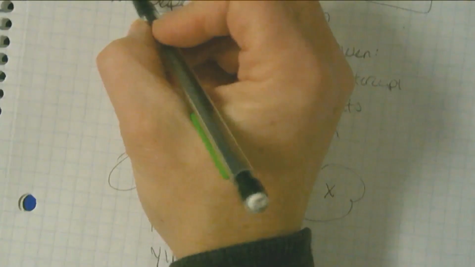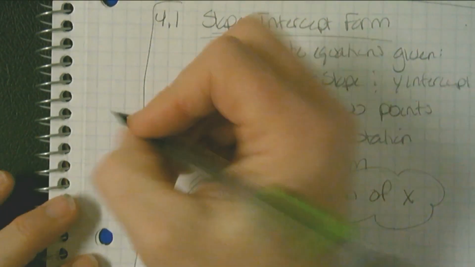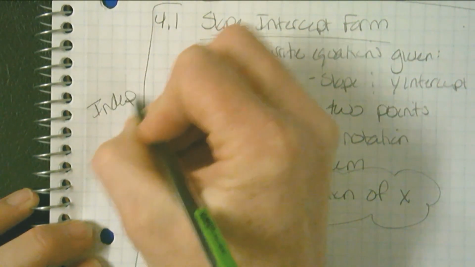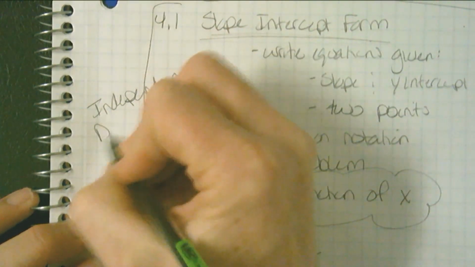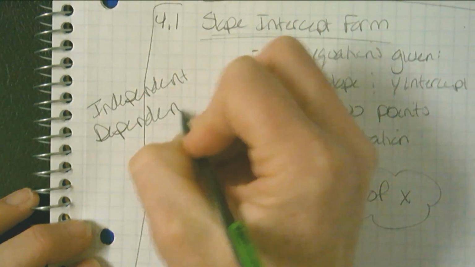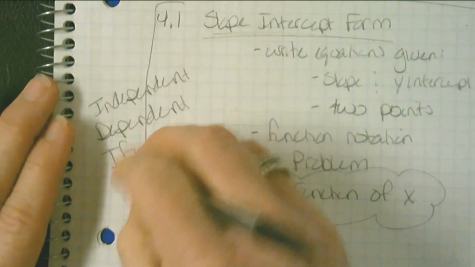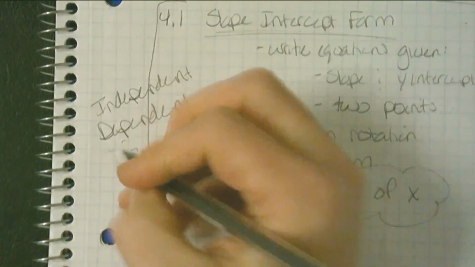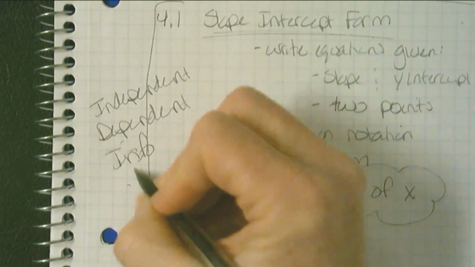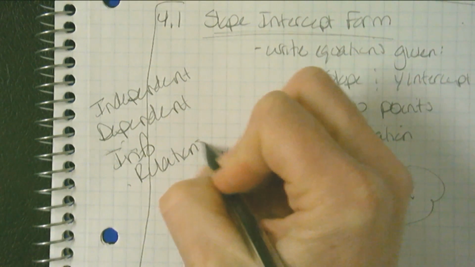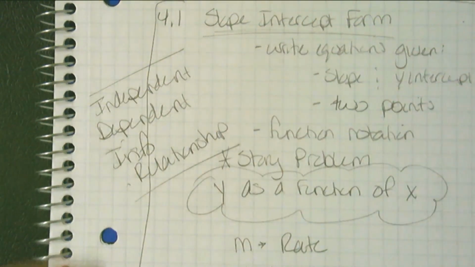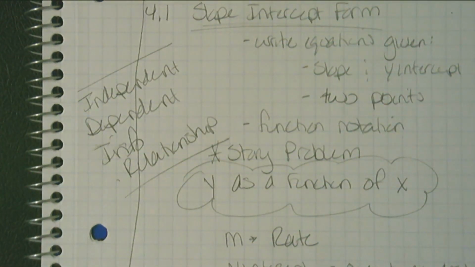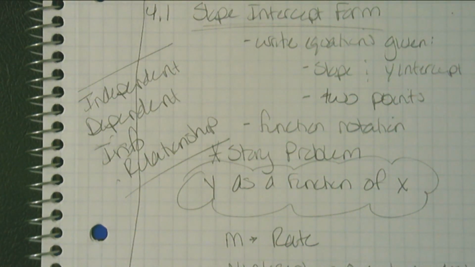The one thing that is common between both of these forms is you have an independent, dependent info relationship for both of them. So like I said, the story problems you have for slope-intercept would be exactly the same story problems for point slope. They are pretty much interchangeable.